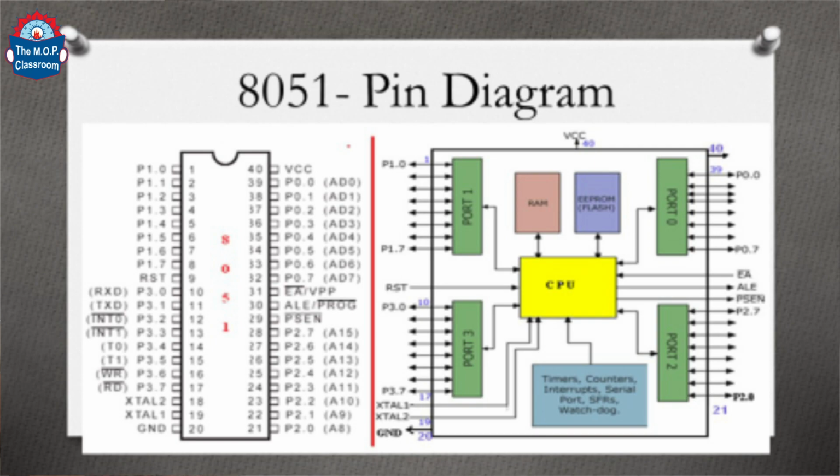So, the pins used for port 0, that is pins 32 to 39, not only serve as port pins, but also are used for the multiplexed address and data bus. Also, the pins used for port 3 serve as interrupt pins and read and write pins. So, these 40 pins are multiplexed to do various processes.